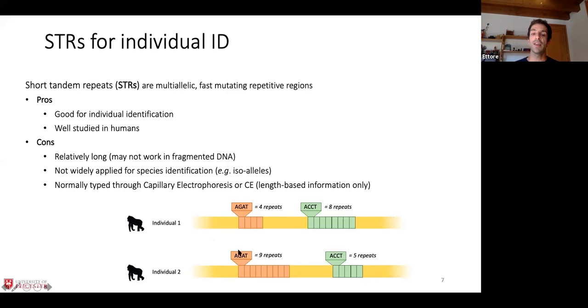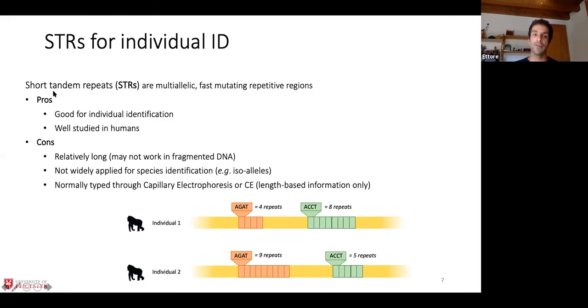You can see here that STR1 for individual 1 is made of the block AGAT repeated 4 times, whereas the same repeat for individual 2 is made of blocks repeated 9 times. By looking at several different STRs at the same time, you are able to distinguish different individuals, because they work very much like fingerprints.